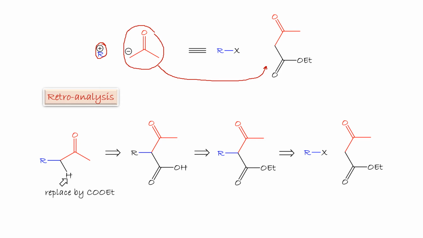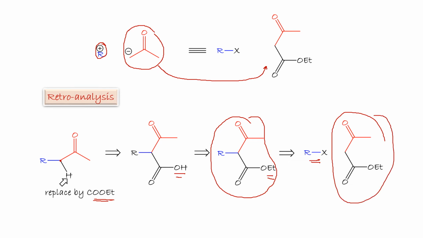So, if we look at the retrosynthesis, we replace this hydrogen with CO2H. This is a carboxylic acid and comes from the ester, and this species comes from the alkylation of ethyl acetoacetate.